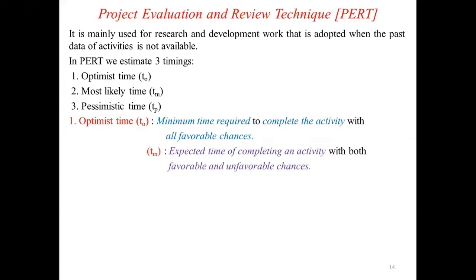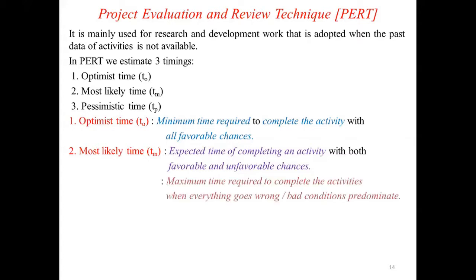Second one, most likely time, denoted as TM. It is defined as the expected time of completing an activity with both favorable and unfavorable chances. That is, by considering favorable and unfavorable chances, what is the expected time to complete the activity? It is known as most likely time.